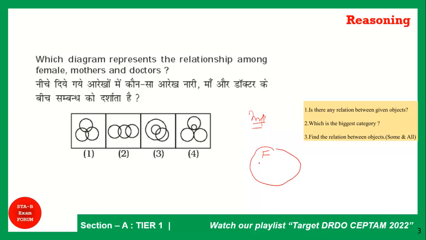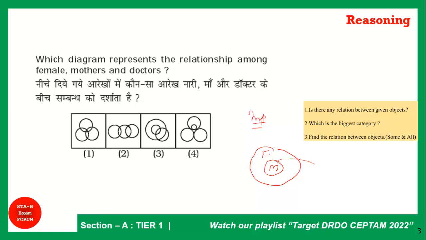Students, all mothers are female, right or wrong? Right. Again, I'm telling you, don't go for the exception cases. This is for the general cases. All mothers are females. Now tell me, there will be some mothers who are doctors, or there are some doctors who are mothers as well as female.